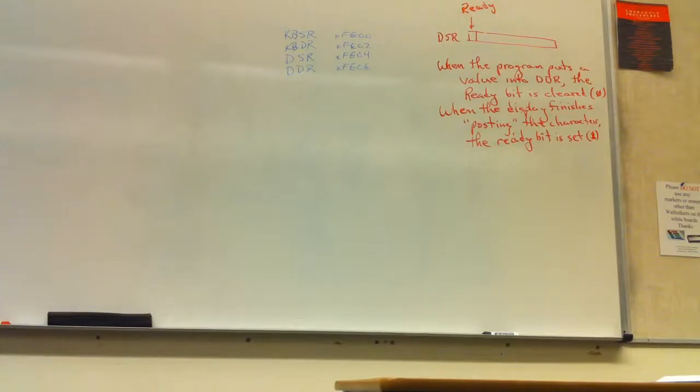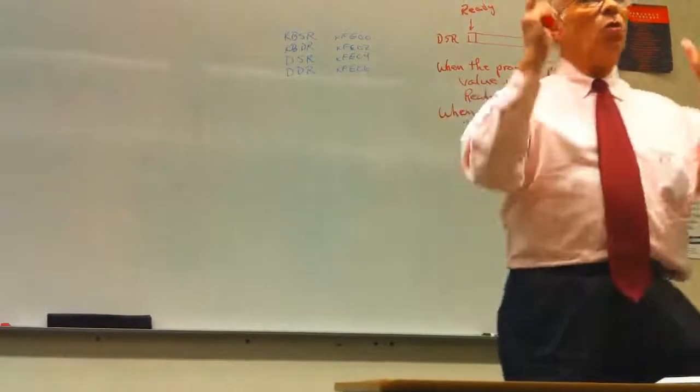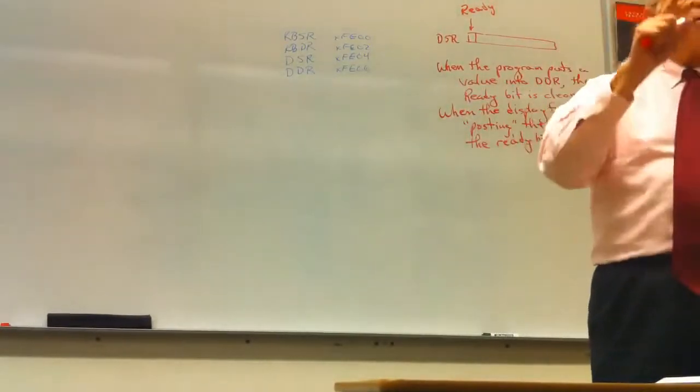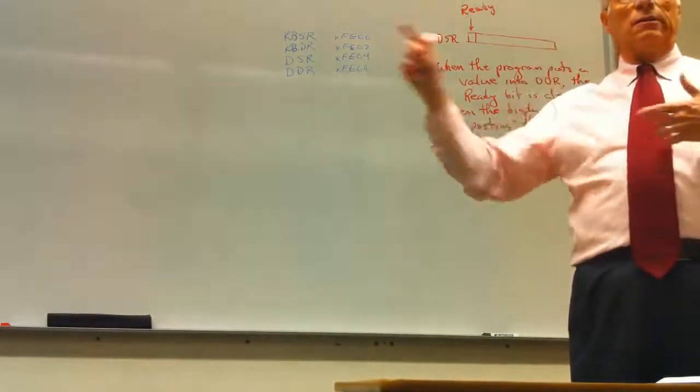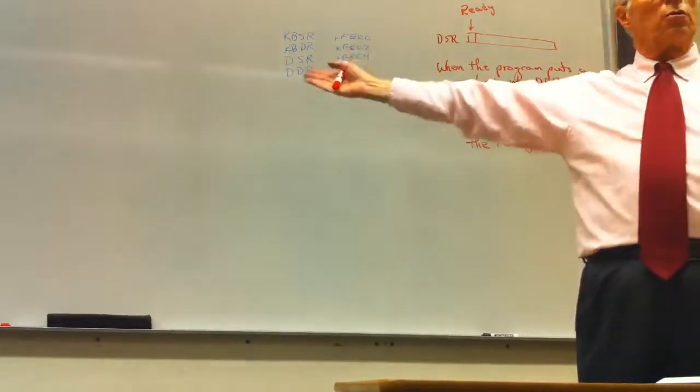I'll put a short name in here. Traditionally, we terminate character strings with a zero. A zero, not the character zero, in the case of the LC3, a whole word, not just a byte, but a whole word of zeros.